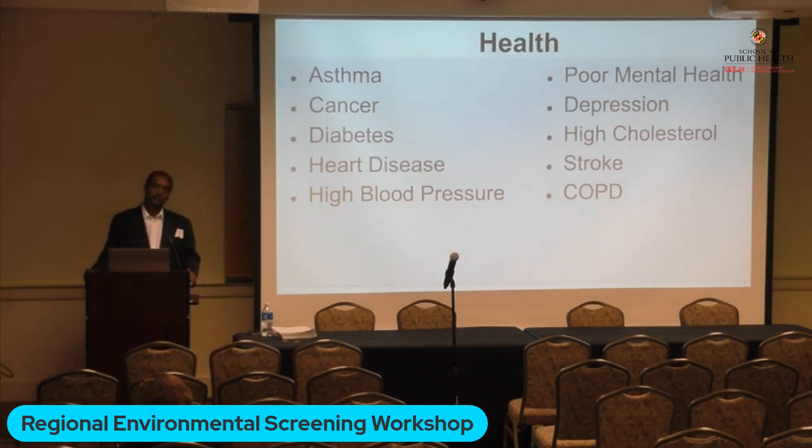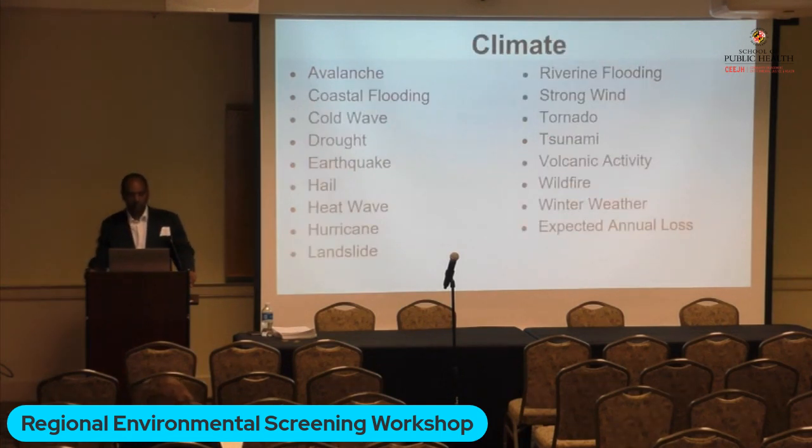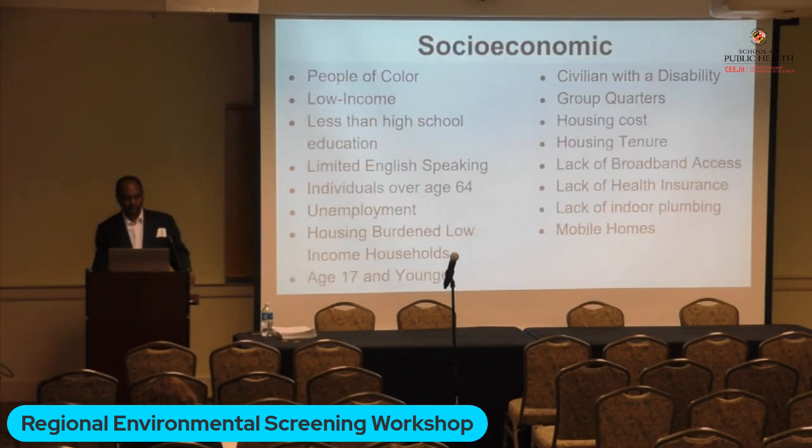What are the health indicators included in this tool? We include asthma, cancer, diabetes, heart disease, high blood pressure, poor mental health, depression, high cholesterol, stroke, and COVID data. From the climate domain, we use avalanche, flooding, cold wave, drought, earthquake, hail, heat wave, hurricane, landslide, strong wind, tornado, volcanic activity, wildfire, winter weather, and expected annual loss.